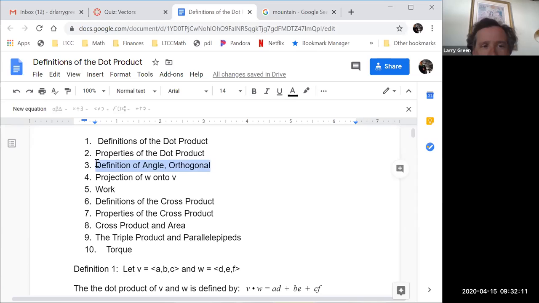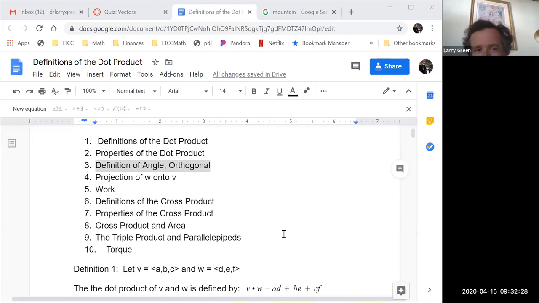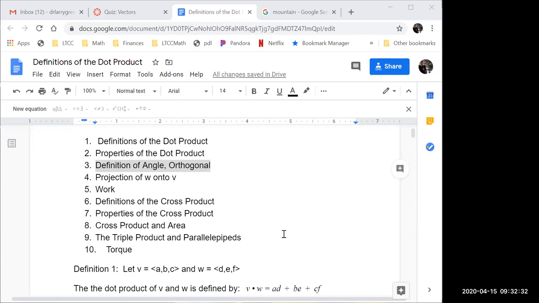All right, so here's a question I have for you. What is the definition of an angle? What's the exact definition of an angle? The amount of rotation that something experiences? What's that mean?